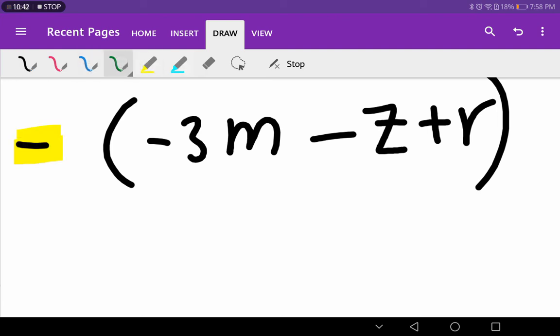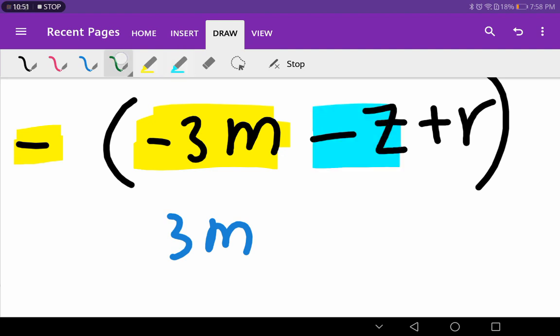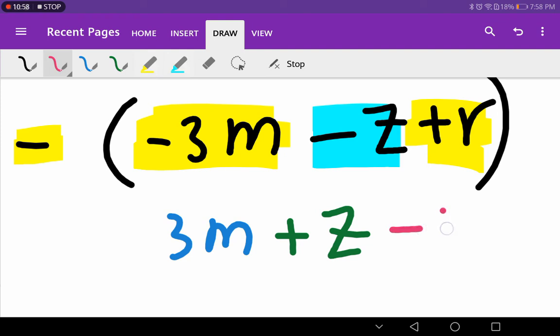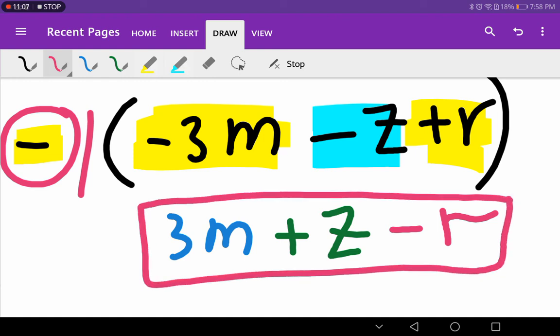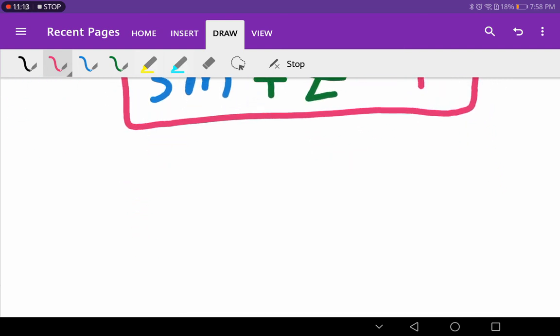So this term, which was negative 3m, will be 3m. And this one will be plus z. And this one will be negative r. We are done. So to break the parentheses by this negative, every sign inside the parentheses will be changed. Are you happy, my dear student? Okay.